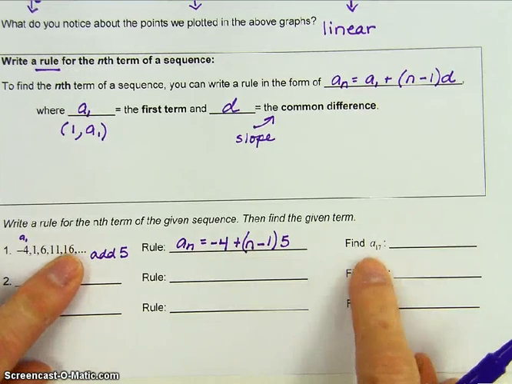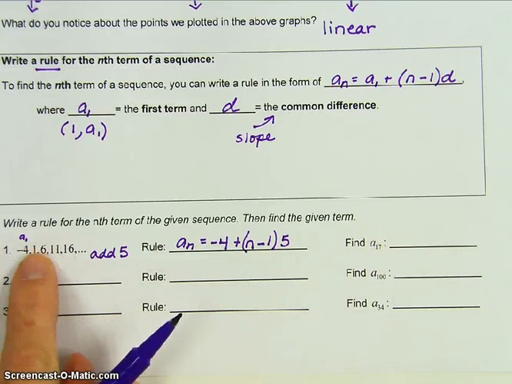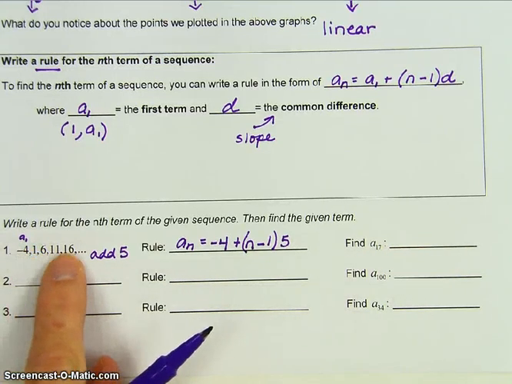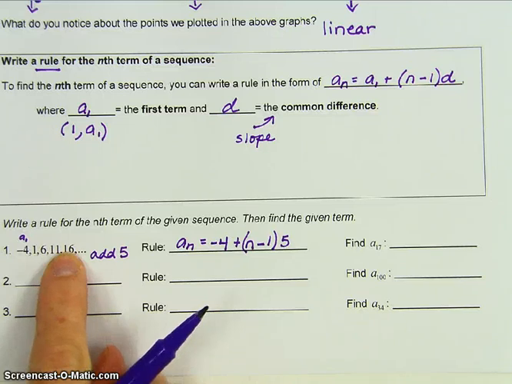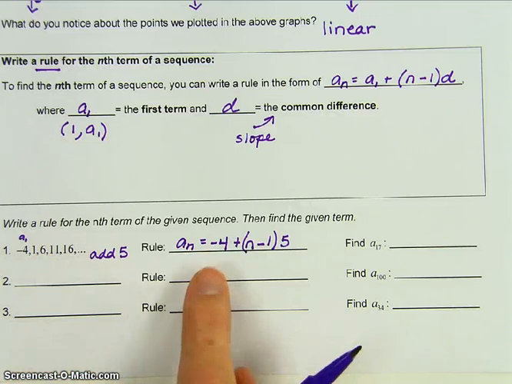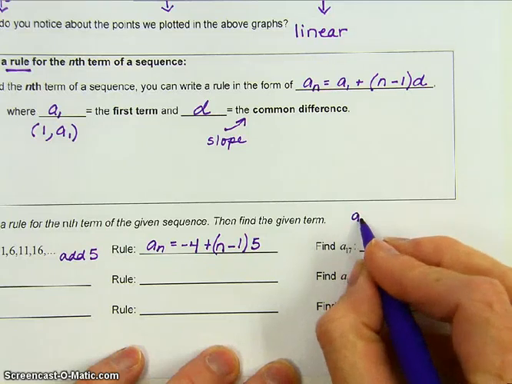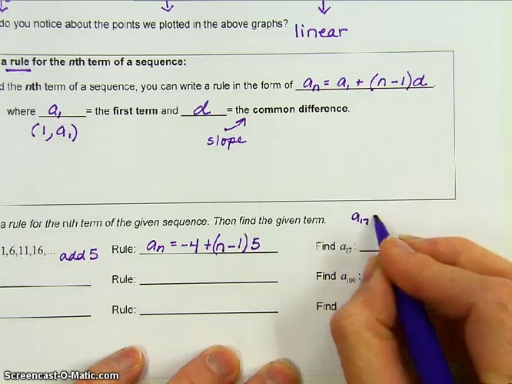But then it says to find A17. Now, all you do is you ask yourself, it's the 17th number or term in our pattern. Well, it would take forever if we actually would write that out or do it on the calculator. So the rule will help us very quickly. So this is how we do this one. We say A sub 17 equals.